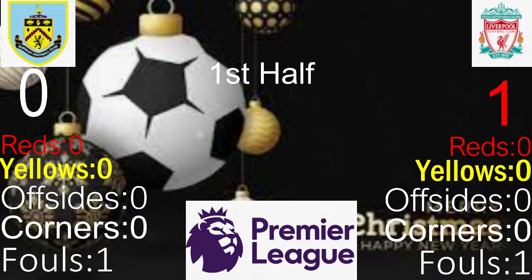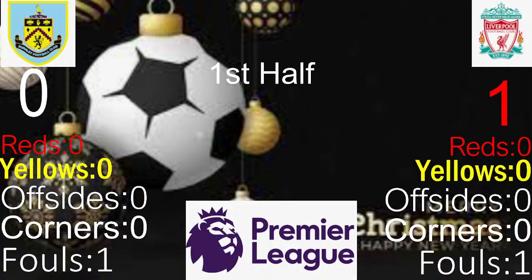And Alexander-Arnold, Elliot, out to Salah. Salah's been alright, but he's not been fantastic. Darwin Nunez has a strike, goes out to Harvey Elliott. Ball in, Salah was there, but so was James Trafford.